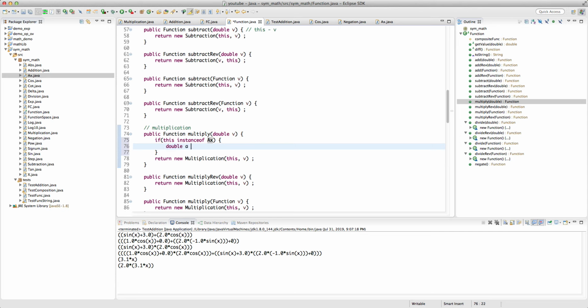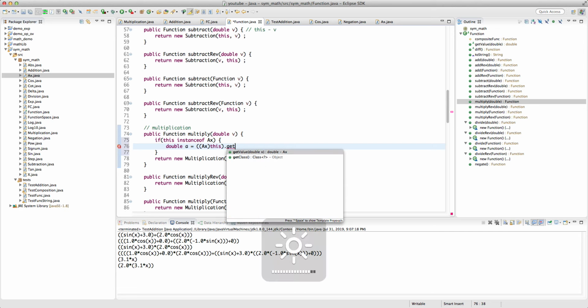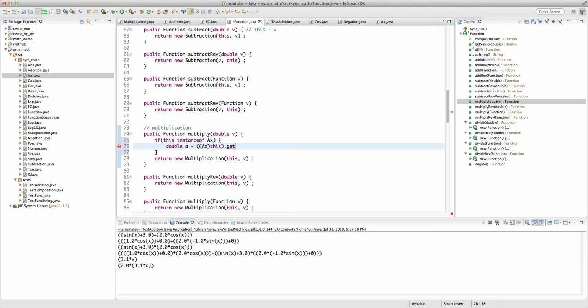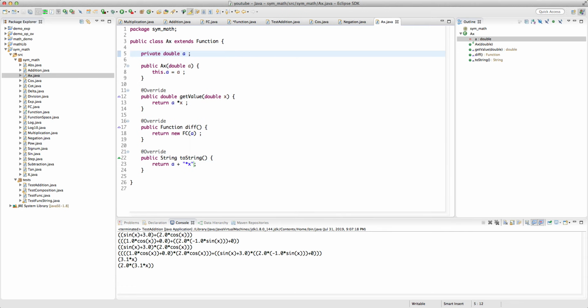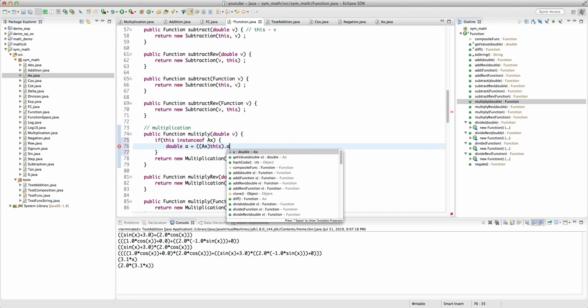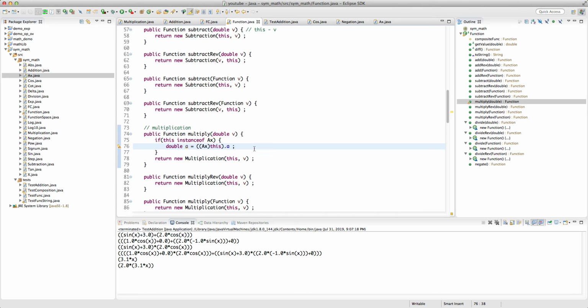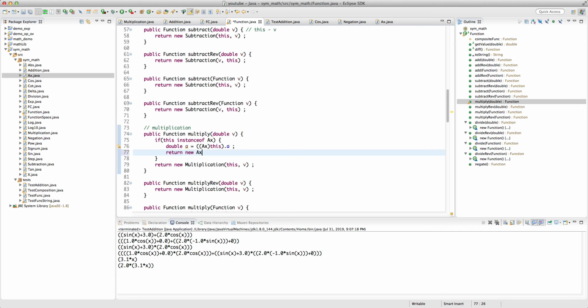So we do a typecasting and then get dot a in the ax. This is private, so we just set it to package level access. In the function I am able to get a, and then return new ax a times v.